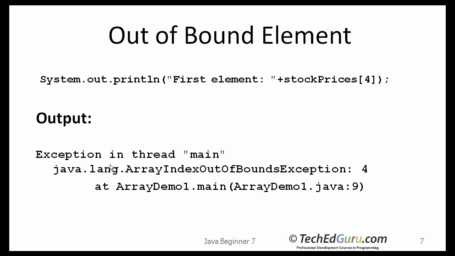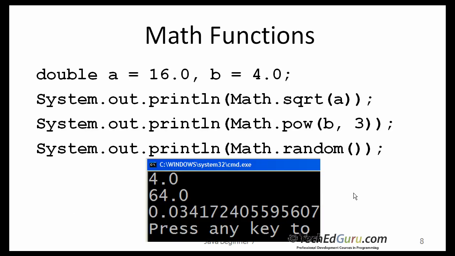It will crash the program and say exception in thread main, and the type of exception is array index out of bounds. It will also tell you the line number on which the exception occurred. In my program, that occurred at line number 9.